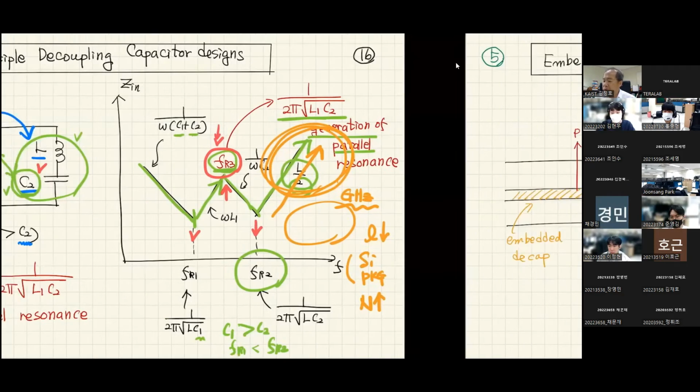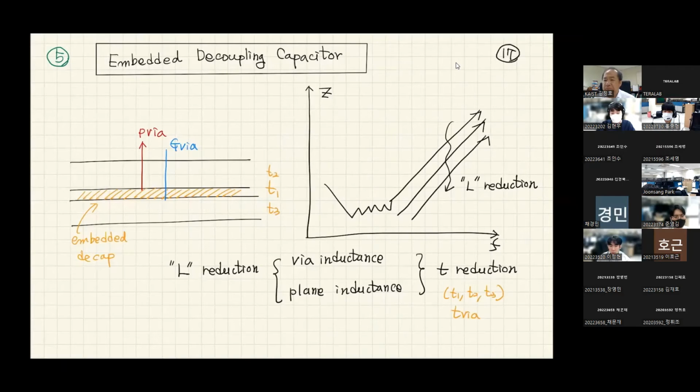Now, I would like to give you one example of this high frequency decoupling capacitor, and that is called embedded decoupling capacitors. Let's assume that this is your multi-layer structure inside a chip, inside a package, or inside the PCB.